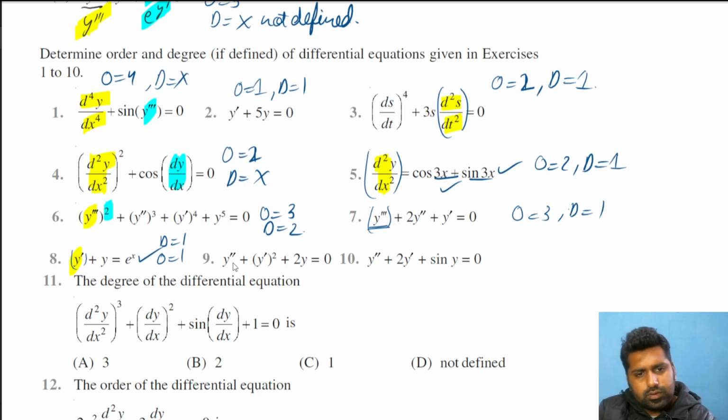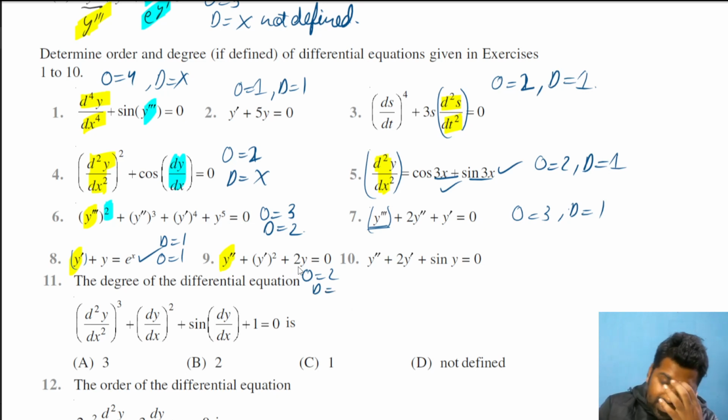Ninth, y double dash, y dash whole square, 2y. So the highest order derivative again is y double dash, order is 2. Whether degree is defined or not: yes, again y dash and y double dash are both present in powers. Power 2, power 1, not a problem. Degree is defined. What is the power here of y double dash? We have to look for the highest power of y double dash, not y dash.